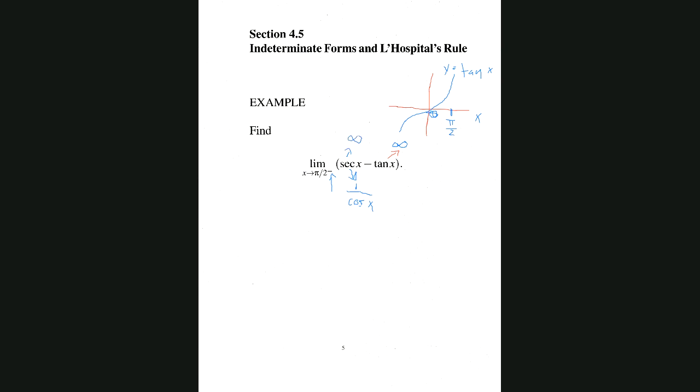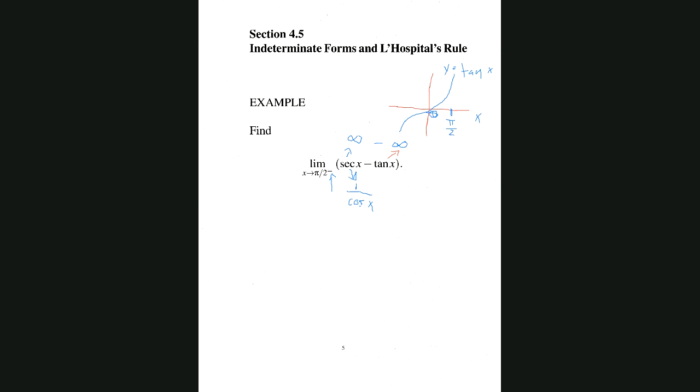So we have here yet another indeterminate form: infinity minus infinity. But does infinity minus infinity equal 0? Not necessarily. It depends on the rate at which the secant of x is approaching infinity compared to the rate at which the tangent of x is approaching infinity. That's what's going to determine what this limit is.